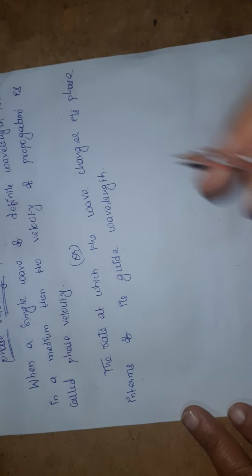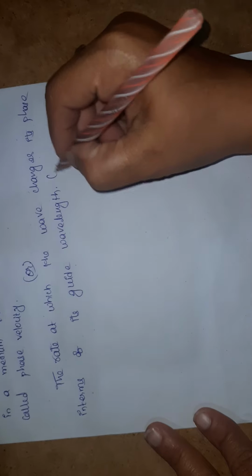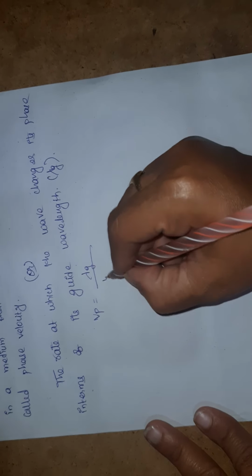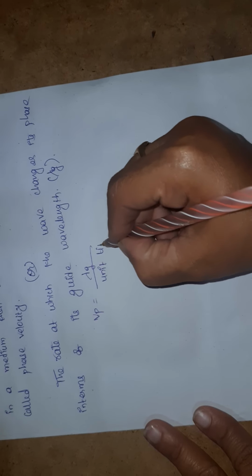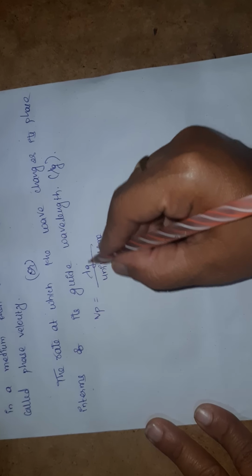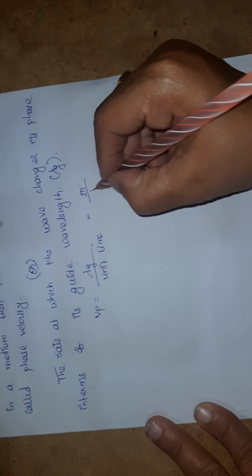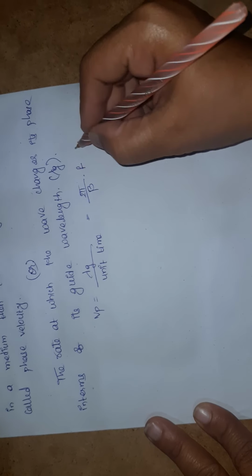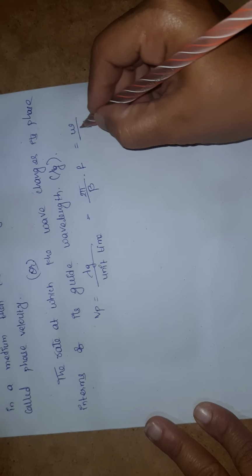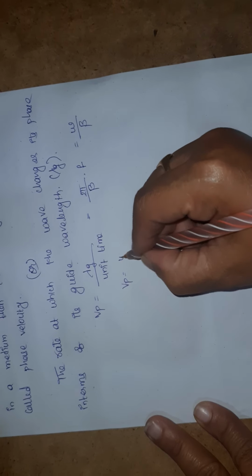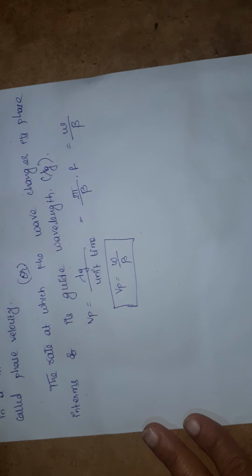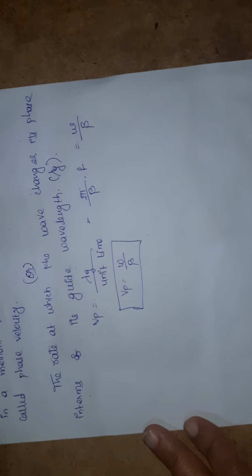Guided wavelength is lambda g. So Vp is equal to lambda g per unit time. Lambda g is 2 pi by beta, and 1 by t can be written as f. So 2 pi f can be written as omega by beta. So phase velocity Vp is equal to omega by beta. This is the definition of phase velocity.